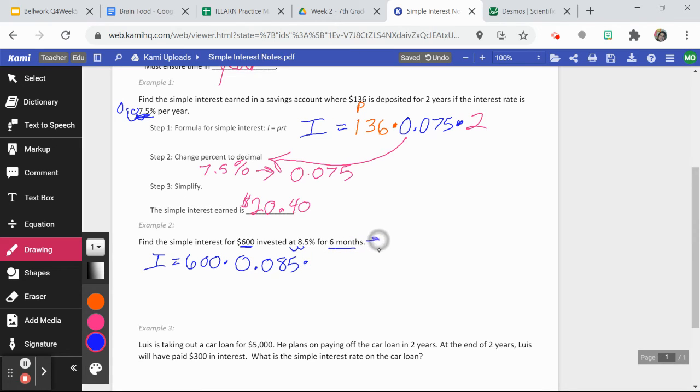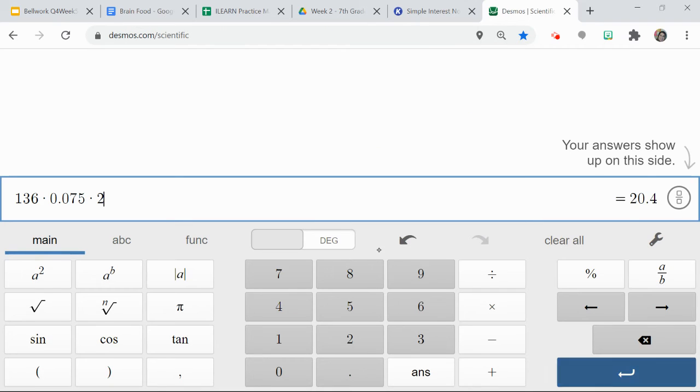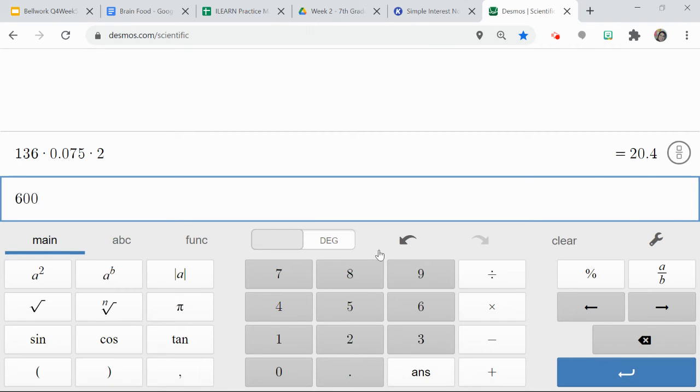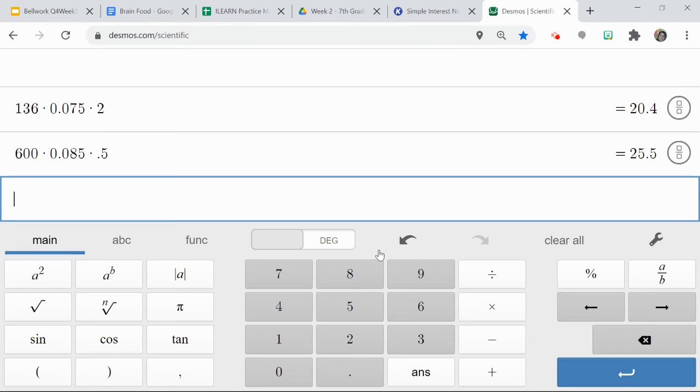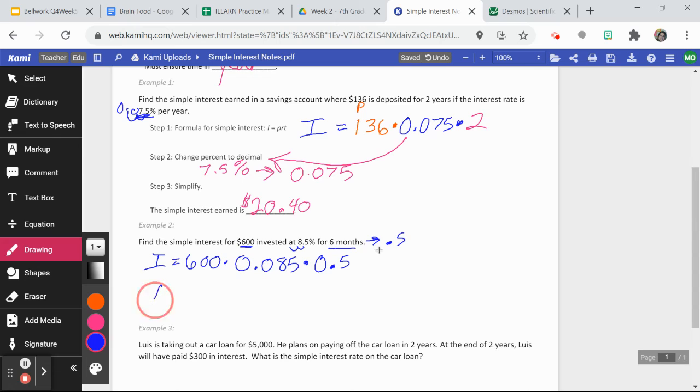This is really going to be a half, because it's only half of a year, and it always has to be in years. Then we just plug that into the calculator: 600 times our rate times half a year. We get $25.50. So I equals 25.50.